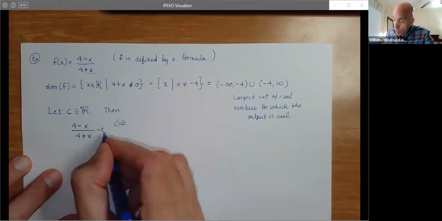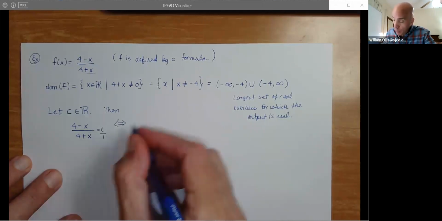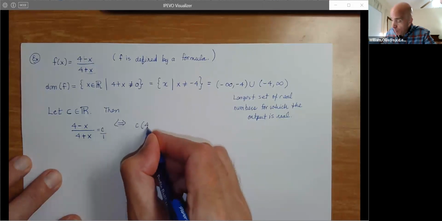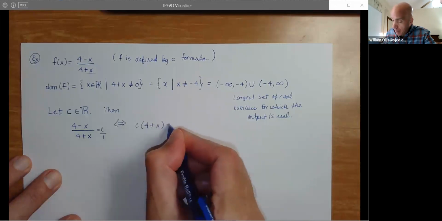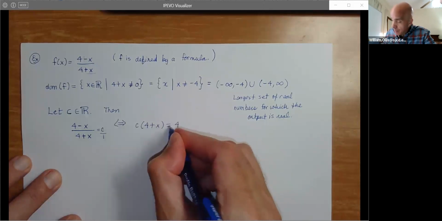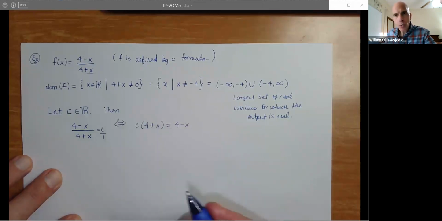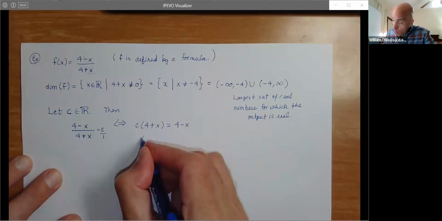So now we're going to cross multiply. So just put the 1 here. So this is going to be C times 4 plus X equals 4 minus X. And so what we want to do is solve for C, like we're doing an inverse computation. So we have, in this case, 4C.